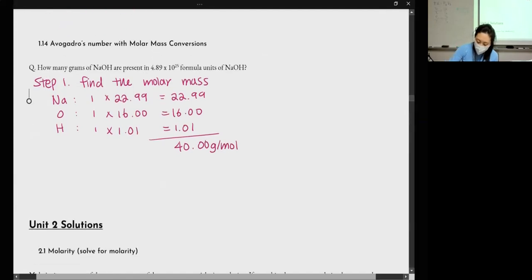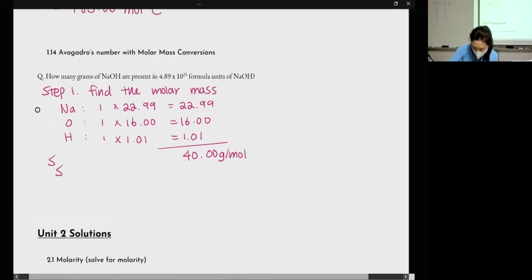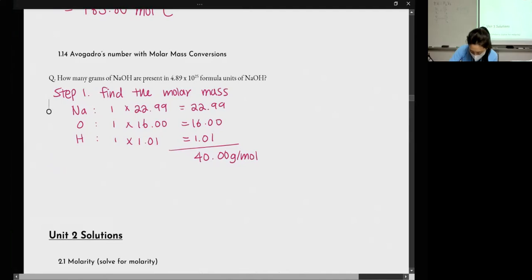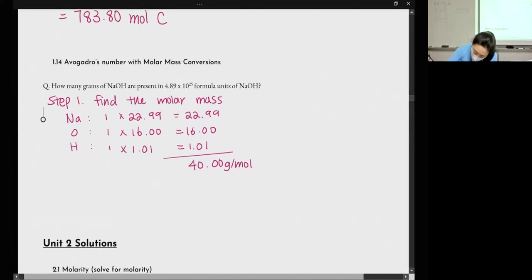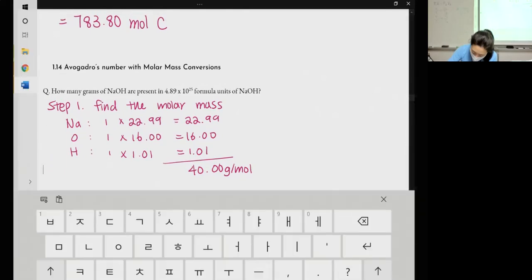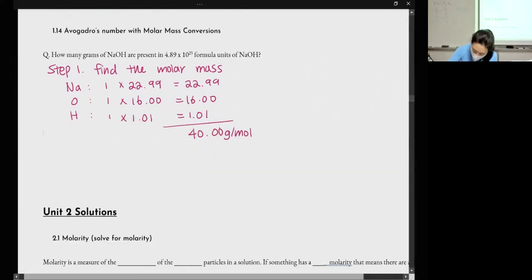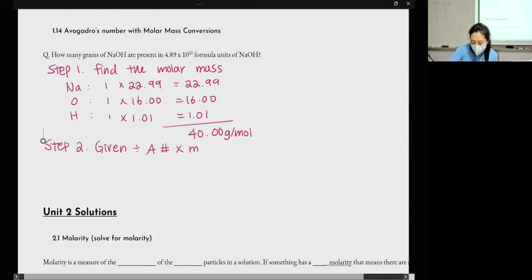And step 2, you'll do the given divided by Avogadro's number times the molar mass.